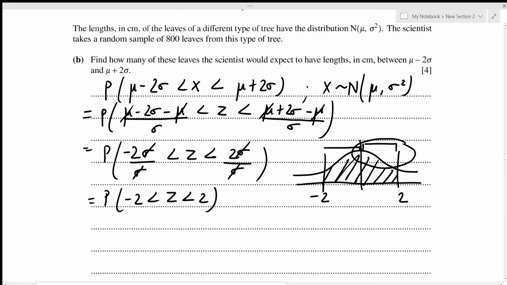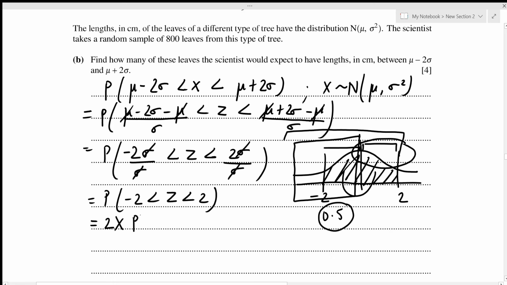In order to do so, we're first going to figure out the total probability less than 2, which will also include this area which is not required. We know that the area on the left-hand side is going to be 0.5. So we subtract this value and then multiply by 2 because we're requiring the probabilities for two different sides. That's just going to be 2 times the probability z is less than 2, minus 0.5.